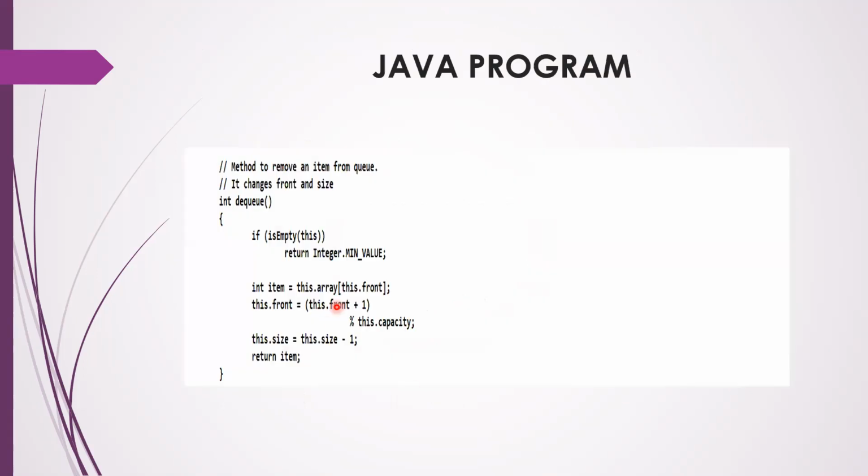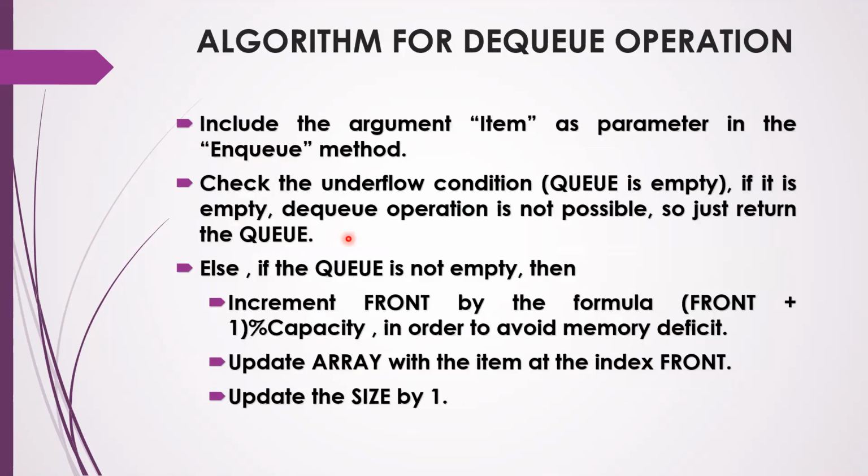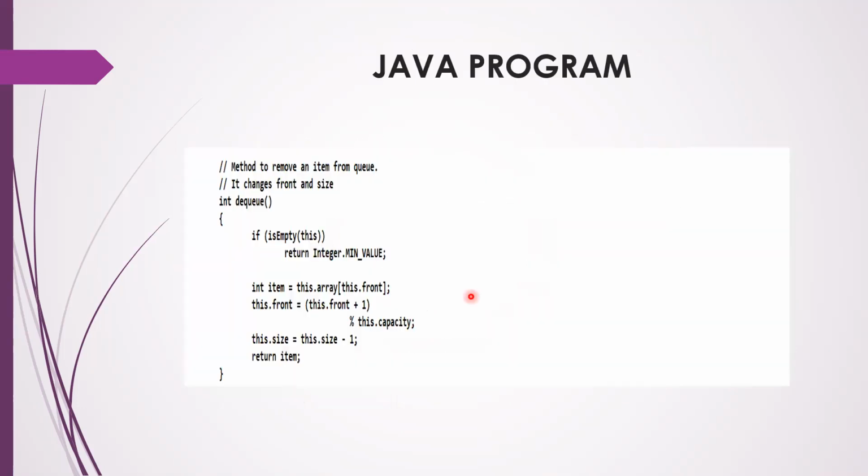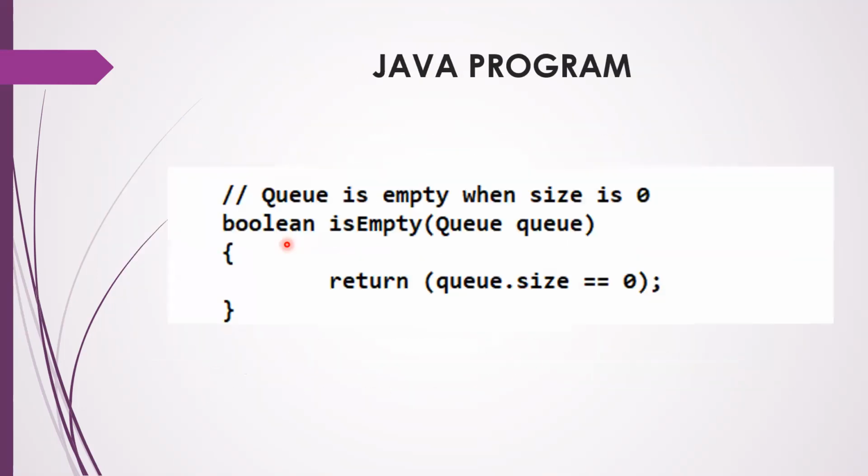So as you can see here, for dequeue, I have used int. Why? Because you are going to return the item which is deleted from the queue, some value you are returning. So when you return a value, you have to have the method type as integer because it returns something. First, you have to check whether the queue is empty. That is the underflow condition. For that, you have to call isEmpty, which you have declared here.